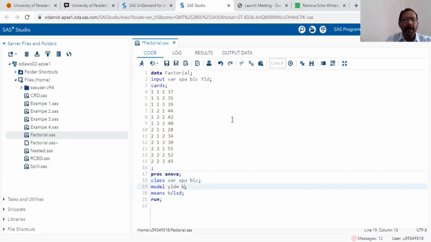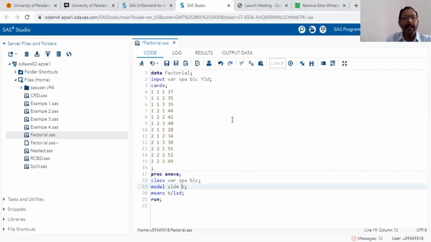Right. What is the model? According to the question that I have given, what is the design here? Factorial in RCBD.